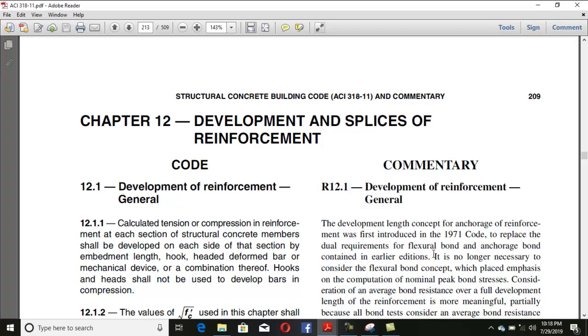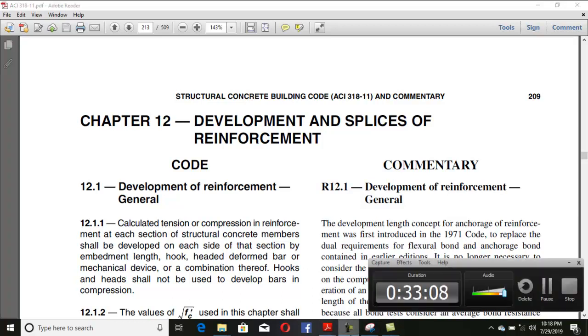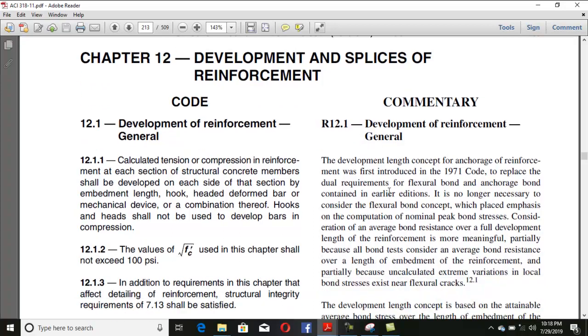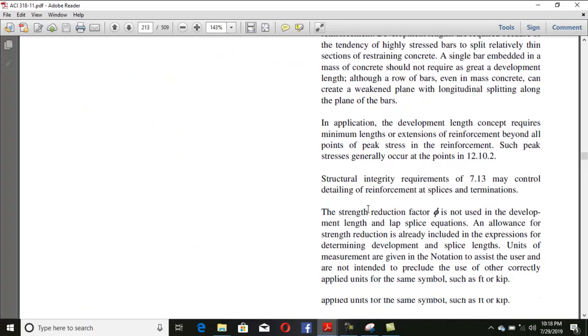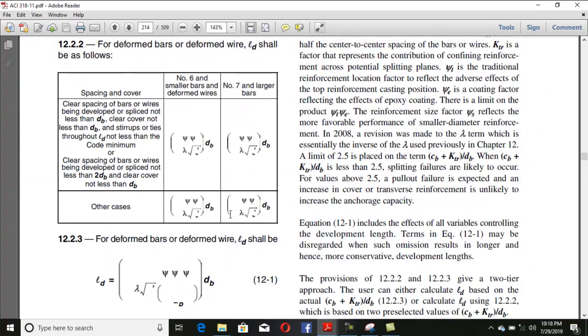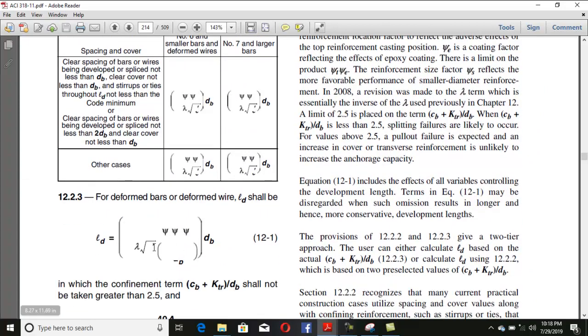Now I'm just writing over here development and splices of reinforcement according to the ACI code. So basically these are ACI manual 318-11, which explains this basic ACI formula. You will see the basic things like psi.